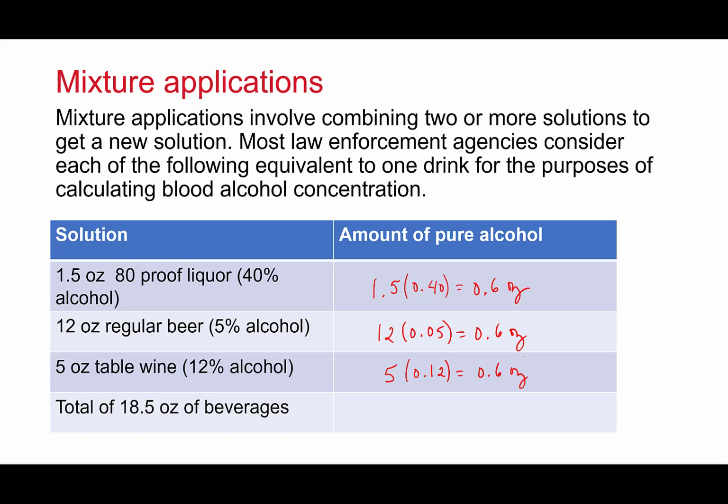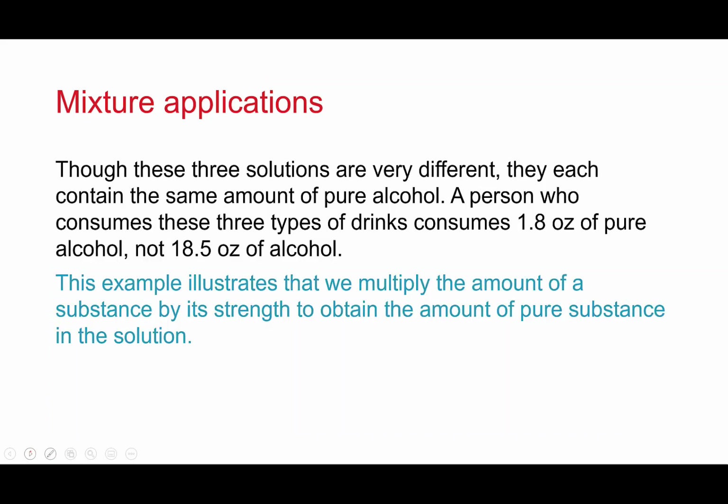So even though they are different amounts and different strengths, we see that they actually have the same alcohol content when we multiply the strength times the amount. A person who consumes those three types of drinks consumes a total of 1.8 ounces of pure alcohol, not 18.5 ounces. So this example illustrates that we multiply the amount of a substance by its strength to determine the amount of pure substance in the solution.